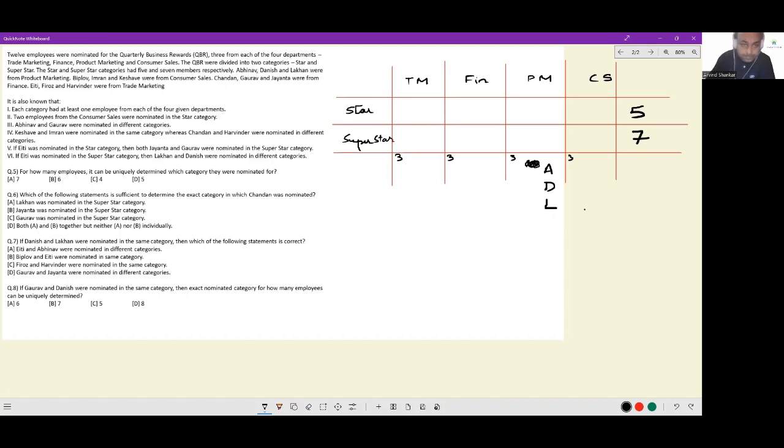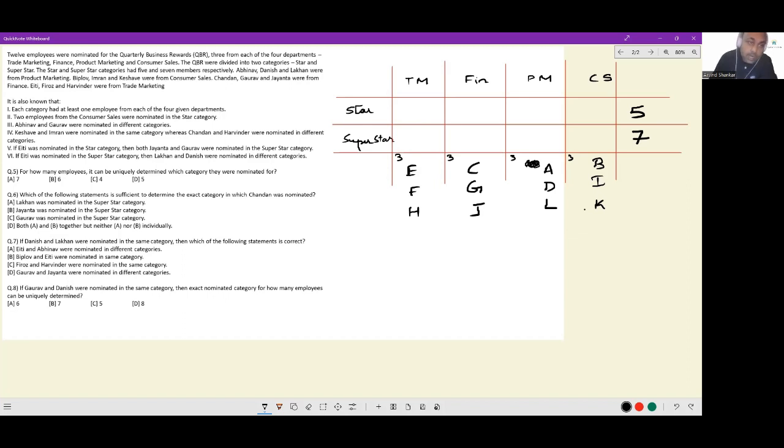And Biplav, Imran, and Keshav were from consumer sales. Chandan, Gaurav, Jayanta are from finance. Iti, Firoz, and Harvinder were from trade marketing. So we have our numbers, we have everything.